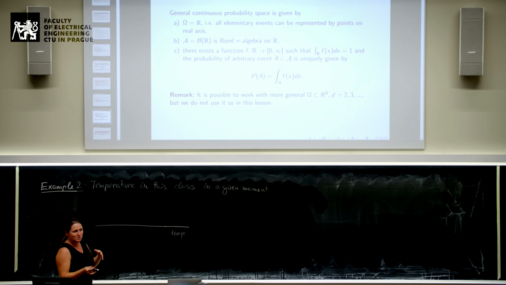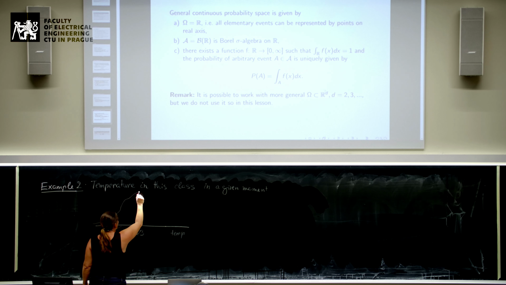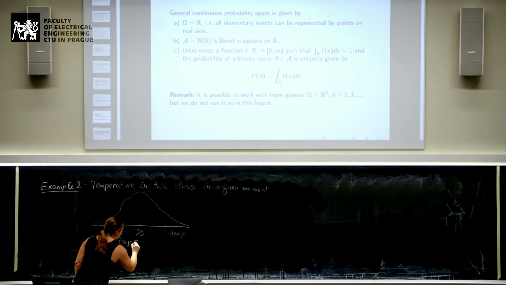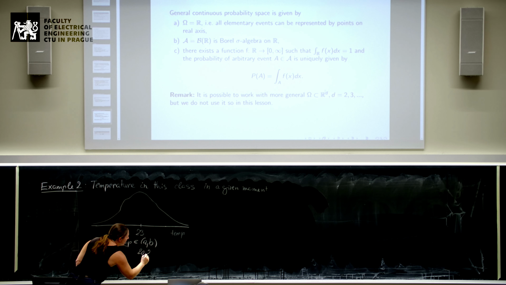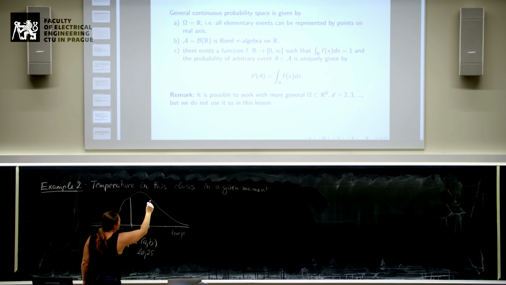But the probability of these extreme temperatures is very low, while the probability of the temperature somewhere around 20, let's say 23 degrees, is higher. So we use a function describing the distribution of the temperature, and when we want to calculate the probability that the temperature is in a given interval A and B, let's say as before between 20 and 25 degrees, we calculate the area below this function.